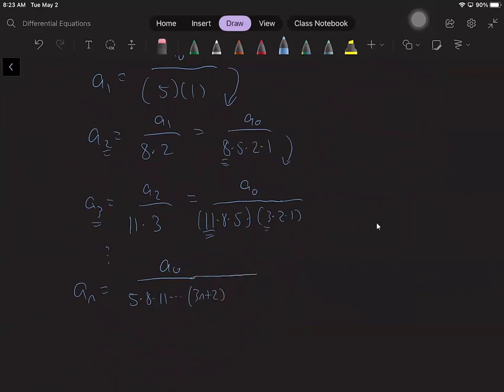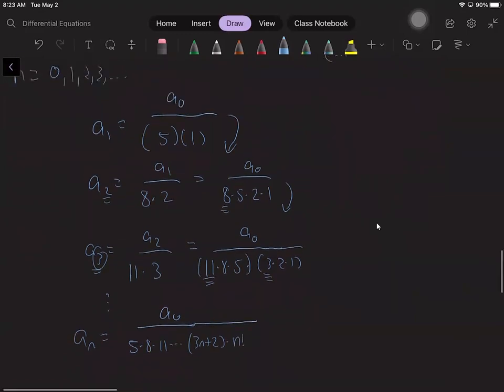And then the factorial you're on is based on the term, so a3 has 3 factorial, so n factorial here. That's the relation for r equals 2/3.